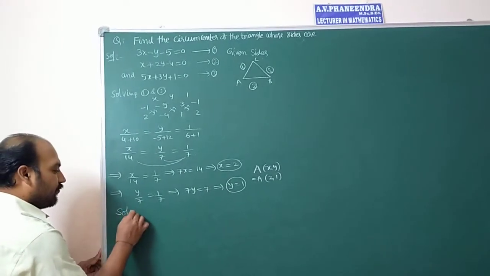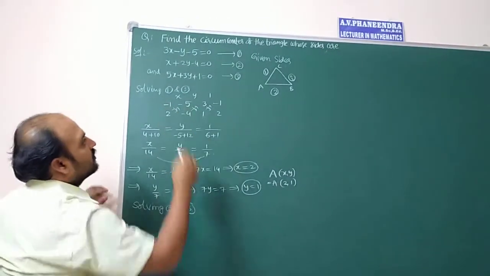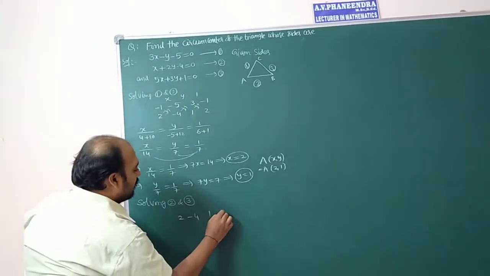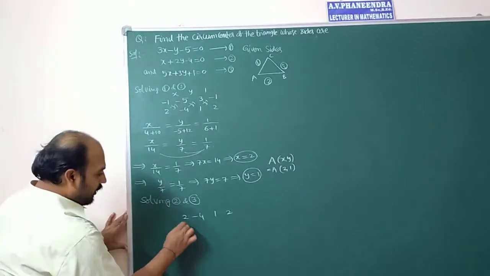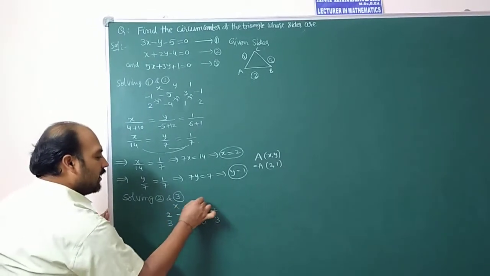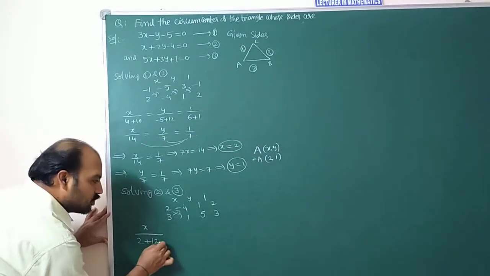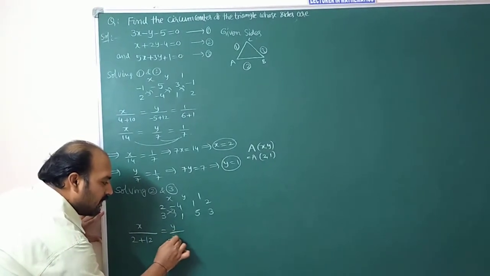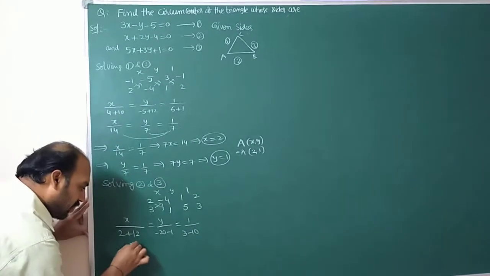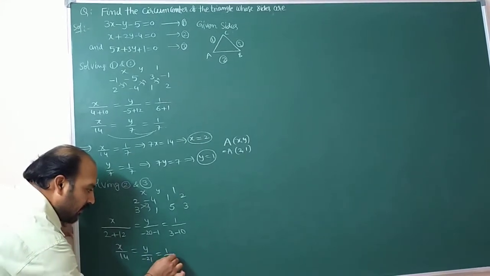Next, solving 2 and 3 in the diagram is B. Solving 2 and 3: in the second equation, 2, minus 4, 1, 2; third equation, 5, 3, 1, 5; x, y, 1. x divided by 2 minus of minus 12, y divided by minus 20 minus 1, 1 divided by 3 minus 10. x by 14, y by minus 21, 1 by minus 7.